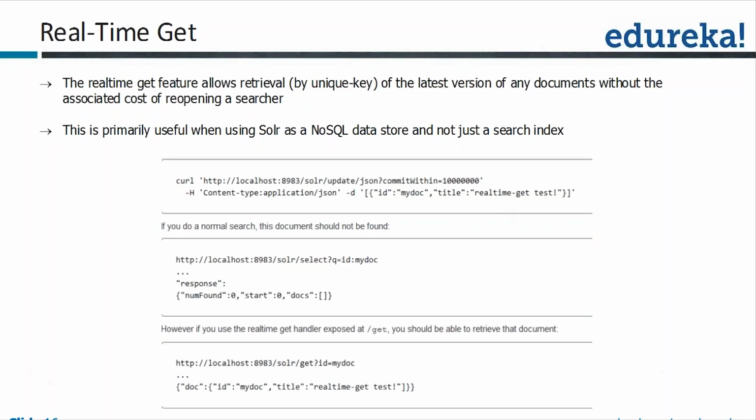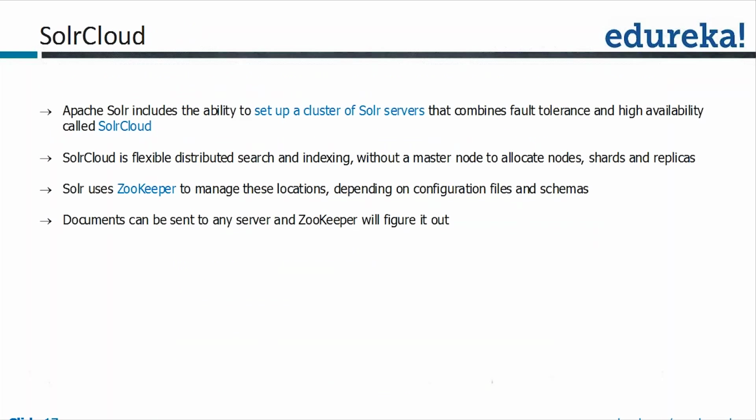So this is very, very useful whenever you're using Solr in the NoSQL data store mode, and not just as the search index. Something similar to what we used to do in Oracle and MySQL, where we used to fetch a particular record by its unique ID. So we can take a few quick examples on that.